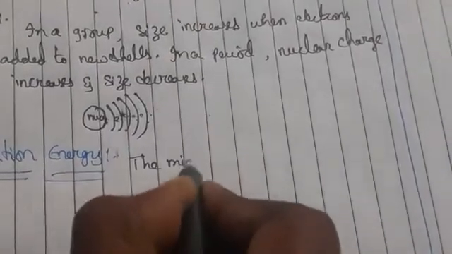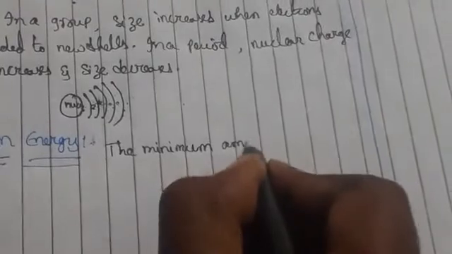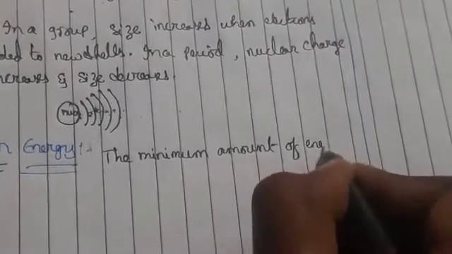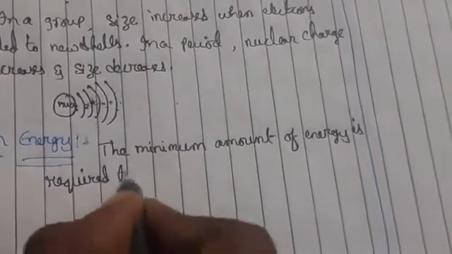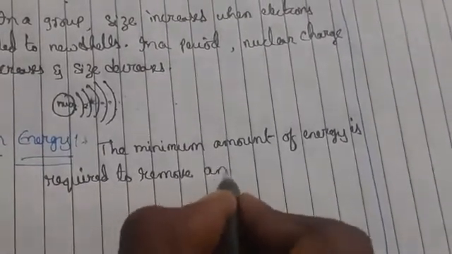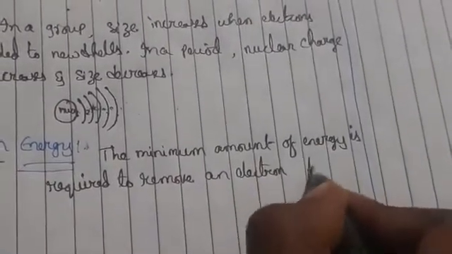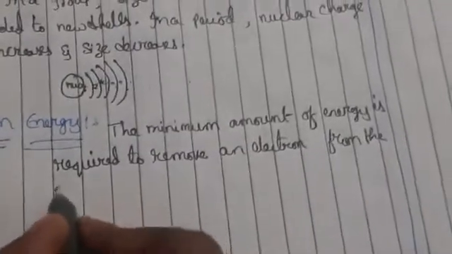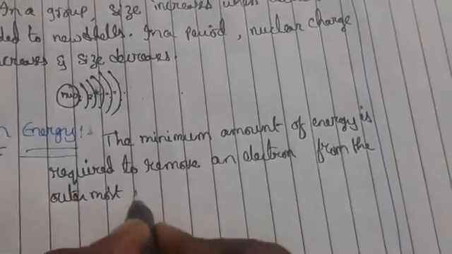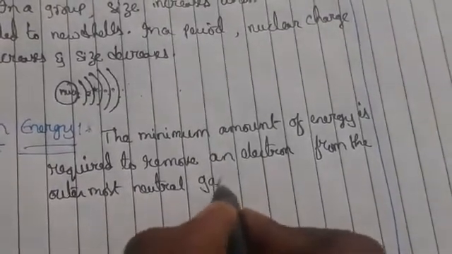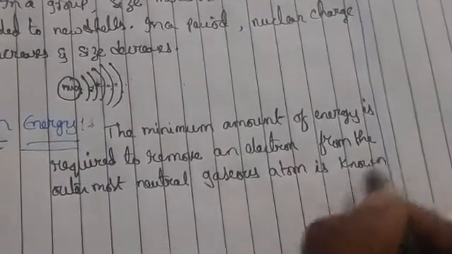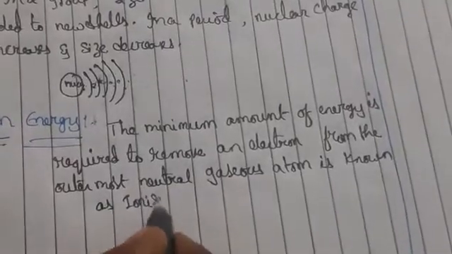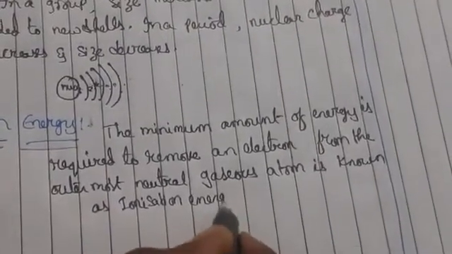Ionization energy is the minimum amount of energy required to remove an electron from the outermost neutral gaseous atom, which is known as ionization energy.